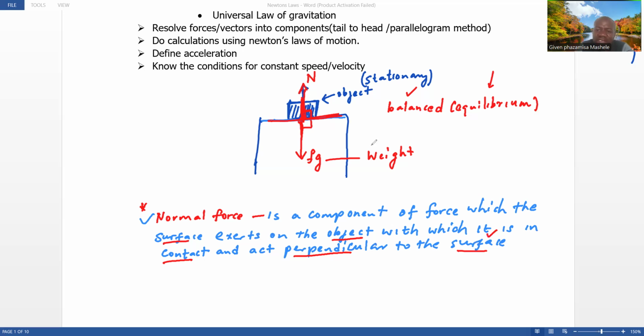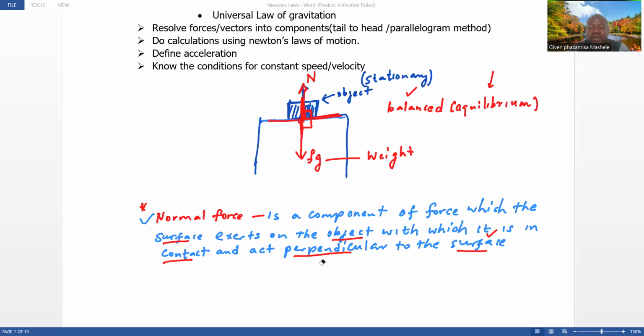So the weight is the component of a force which an object exerts on the surface, which is vertically downwards. It shouldn't be a case that the force of gravity is only there when the object is in contact. No. The force of gravity can still be there even if the object is hanging.